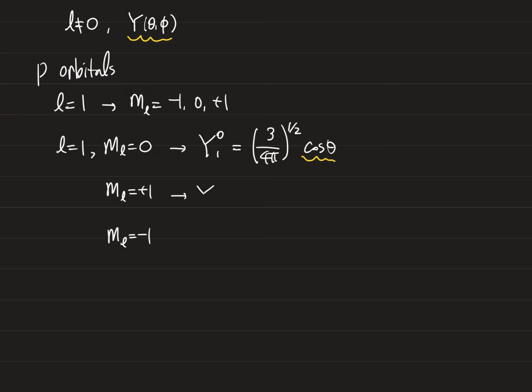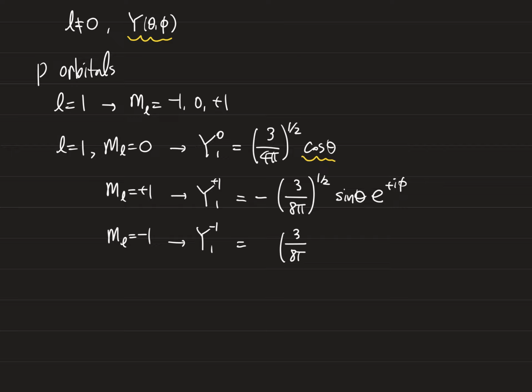They will have the spherical harmonics of Y11 and Y1-1. They have some messy normalization constant, and if you look up the table, you can find these two wave functions.